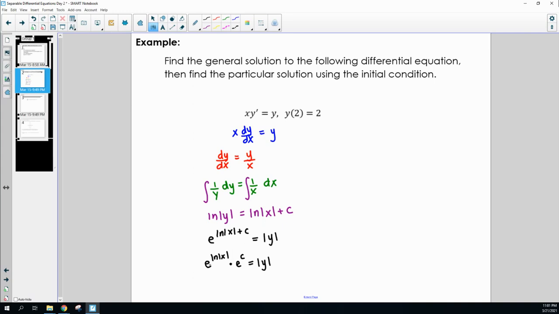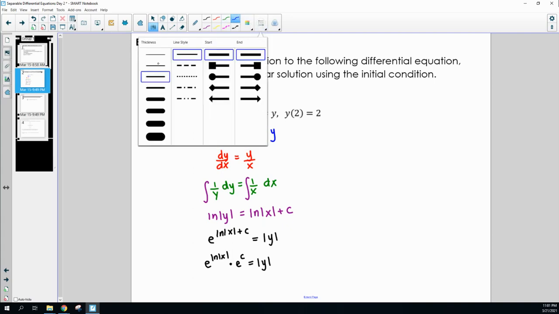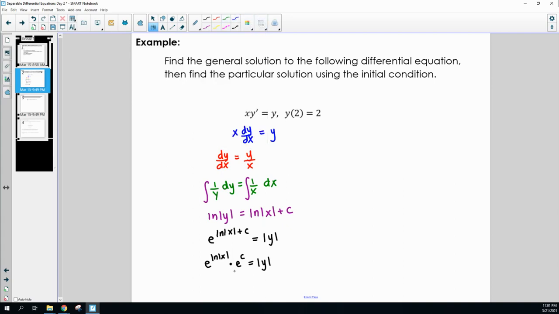We know that e to the c is just a constant, so that's really just c. And e to the ln of whatever is going to be whatever, because the e and ln cancel each other out.